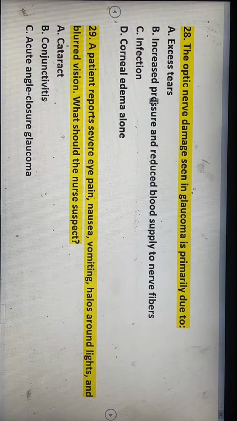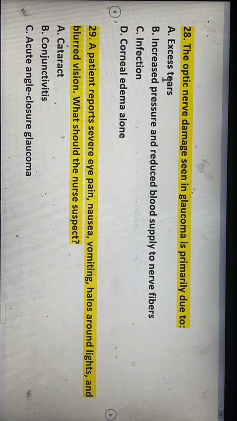28. The optic nerve damage seen in glaucoma is primarily due to A. Excess tears, B. Increased pressure and reduced blood supply to the nerve fibers, C. Infection, D. Corneal edema only alone.